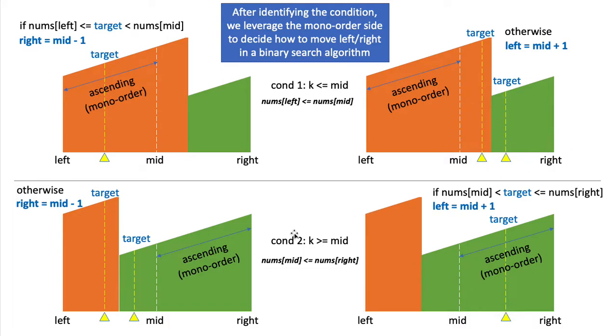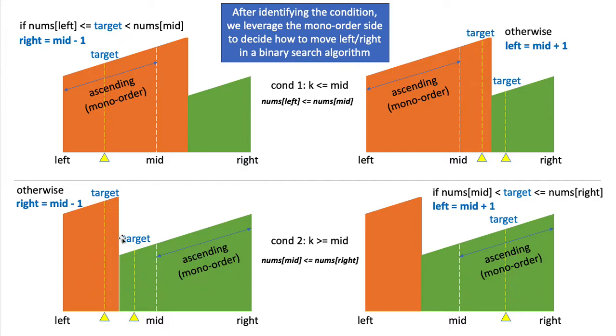Similarly, in condition 2, if target is in between nums mid and nums right, then we are sure that the index for the target must be on the right-hand side of mid. Then we can move left to be mid plus 1 to reduce the search range. On the other hand, we will move right to mid minus 1 to reduce the search range, as the index for the target is on the left-hand side of mid.